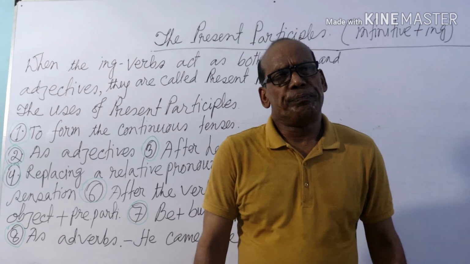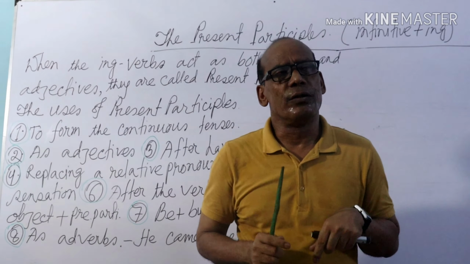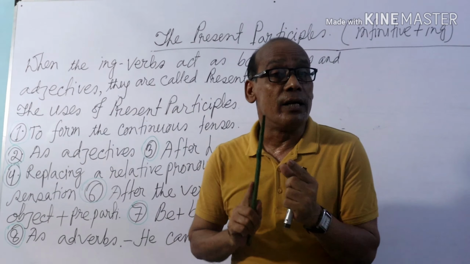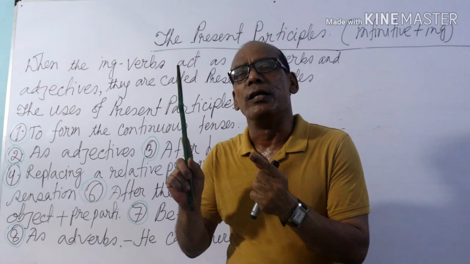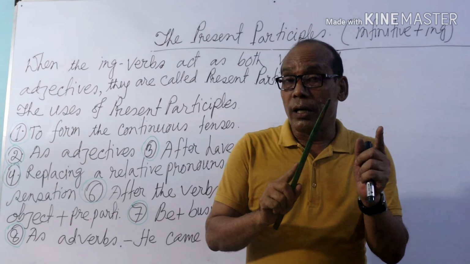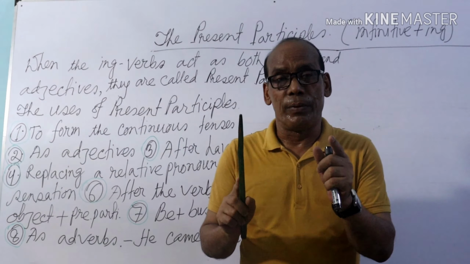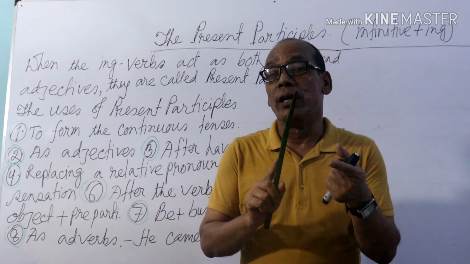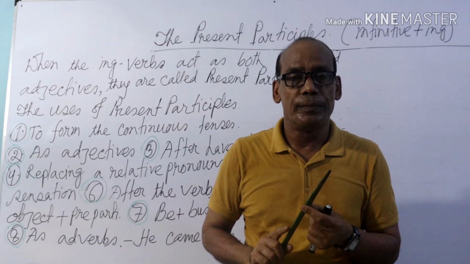So in this way, I would like to show you one difference. Suppose a disturbing lady and a disturbed lady. There is difference between disturbing and disturbed. A disturbing lady means the lady herself disturbs others.